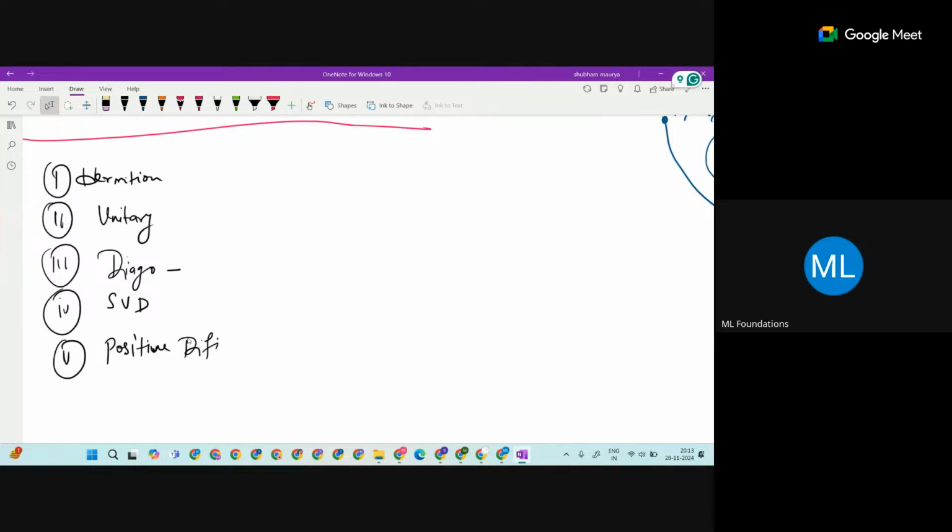And the next is PCA. And after PCA, maxima and minima, that is the unconstrained optimization problem, and gradient descent.